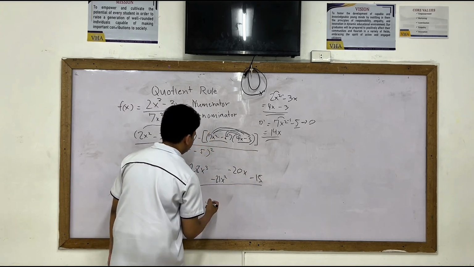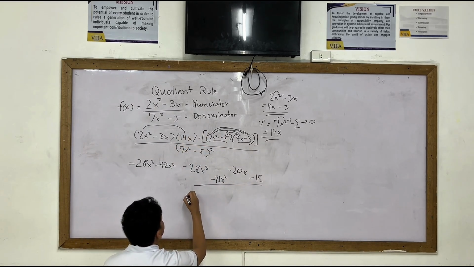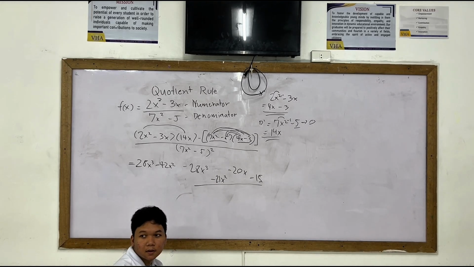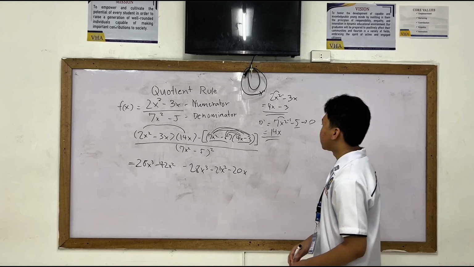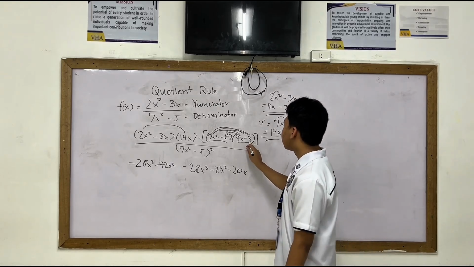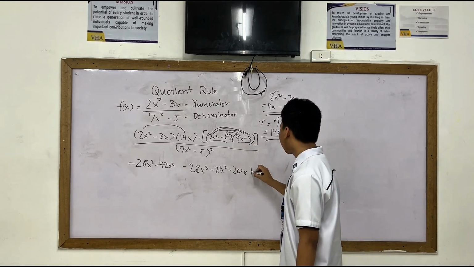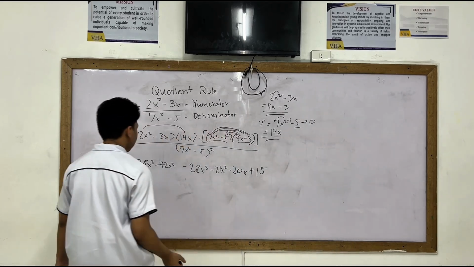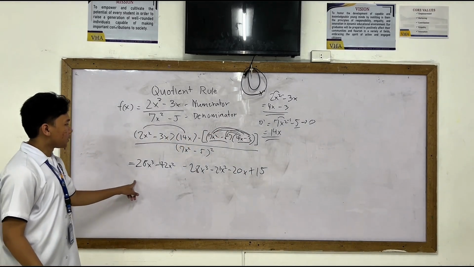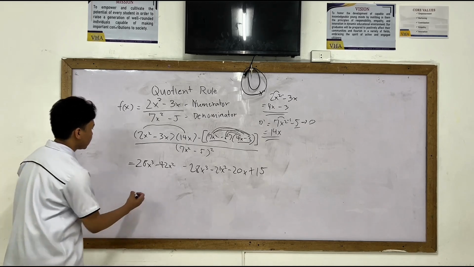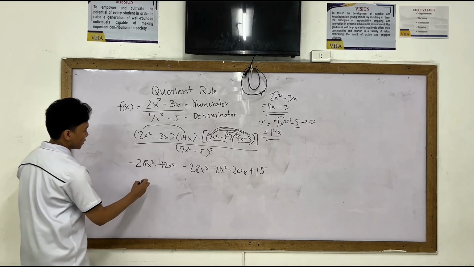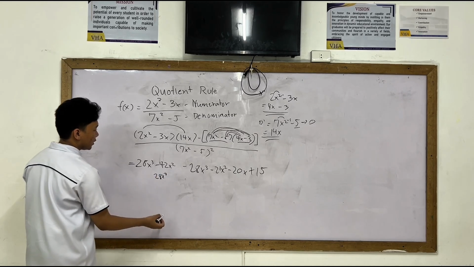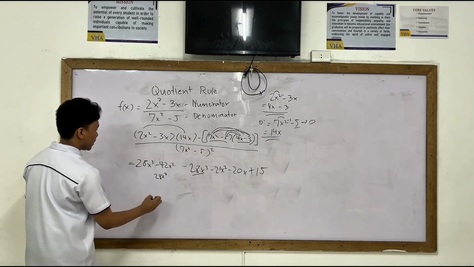So just write it. Right, so negative 3 times negative 5 will be positive 15. So now we subtract this one. Write it this way: 28x³, and they both have 28x³.